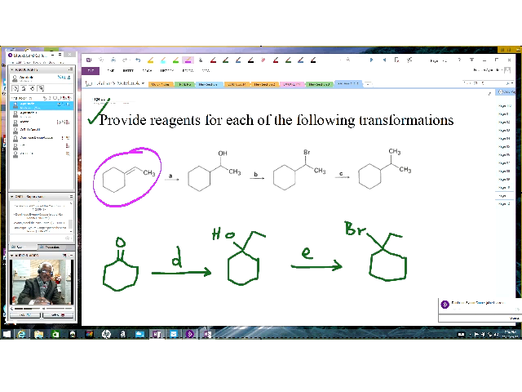From this alkene, we are supposed to go to this secondary alcohol. Can anybody send me the response through the text window? Can anybody tell me what kind of transformation is taking place here? What exactly is happening here, in problem A, going from the alkene to the secondary alcohol?